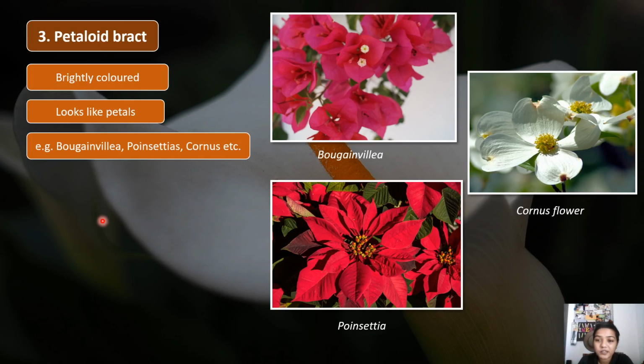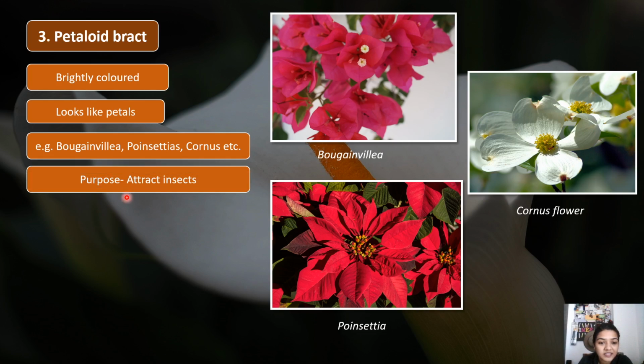Now, one question might come to your mind: why are these bracts so brightly colored? The answer is that they attract insects. Since these flowers are very small, their petals are very small, right? So insects will not get attracted to these plants.